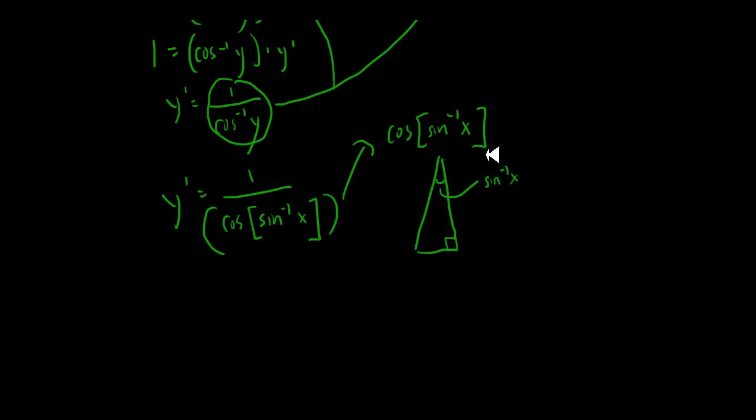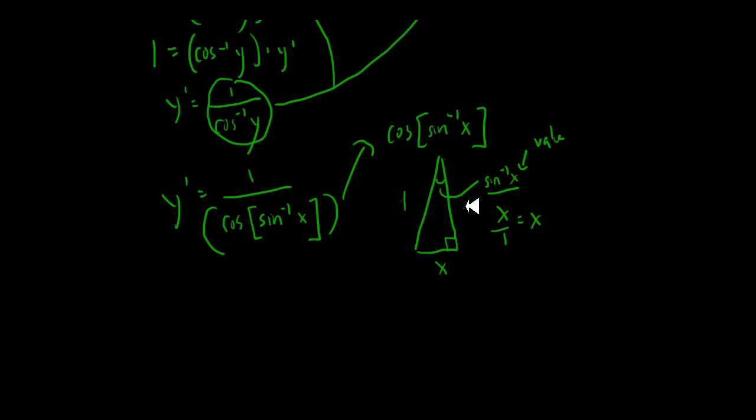And since x is a value, arc sine x equals x, because sine is opposite over hypotenuse. x over 1 equals x. So because it's arc sine, you have the value right here, so you have x right here.